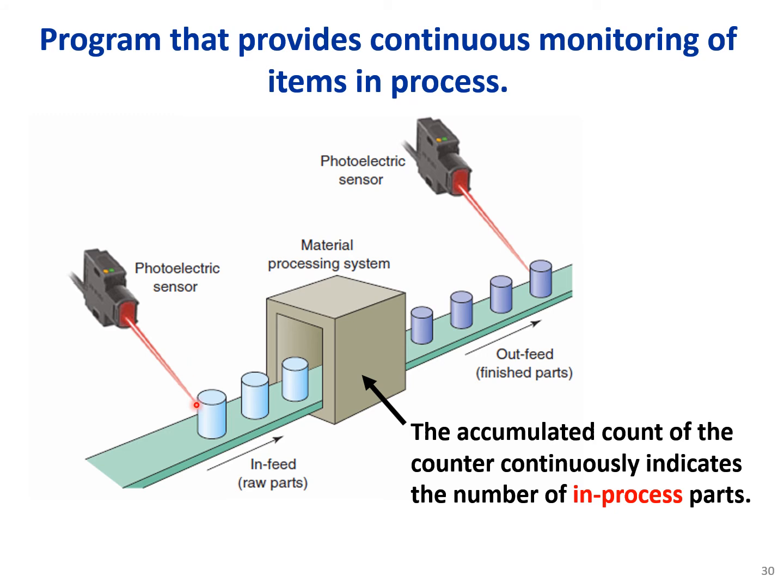We have in-feed parts and out-feed parts, and the processing system has a specified capacity. The accumulated count of the counter continuously indicates the number of in-process parts.